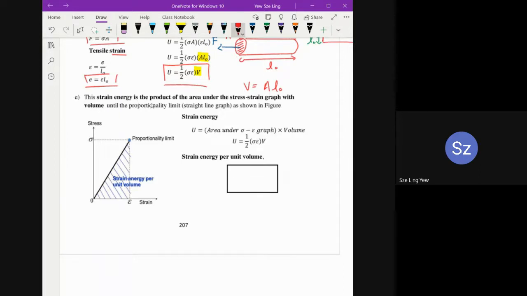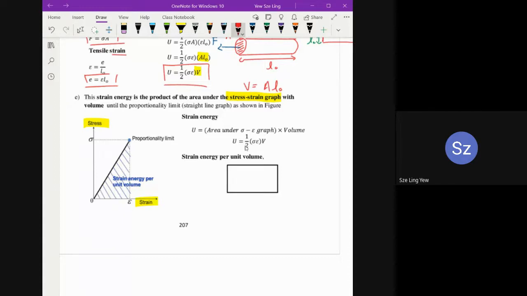So strain energy is the area under the stress-strain graph. Just now we had the force-elongation graph. Now we have the stress against strain graph. Strain energy U equals the area under the stress-strain graph times the volume.